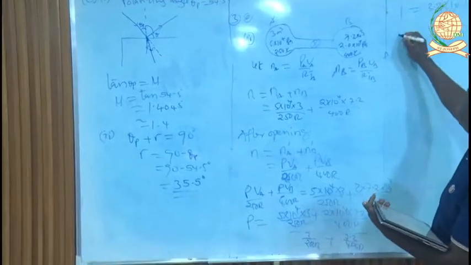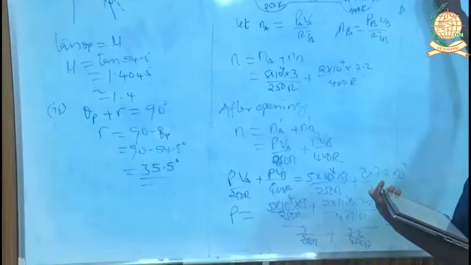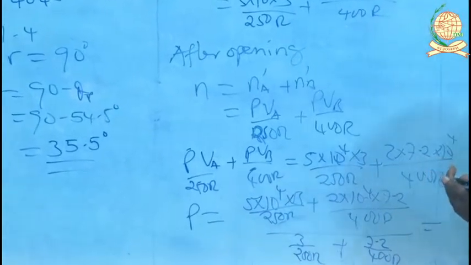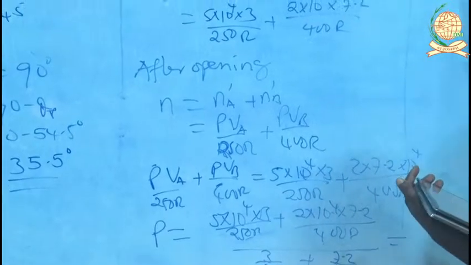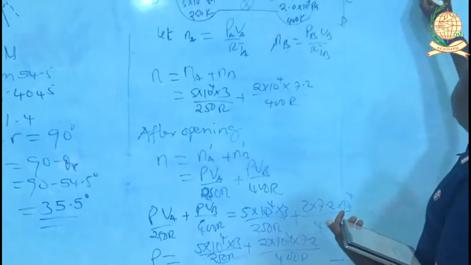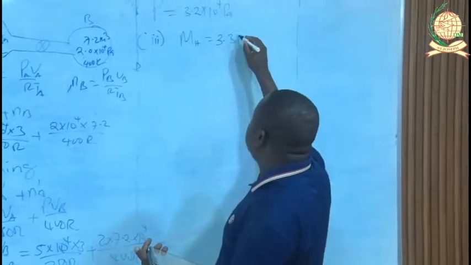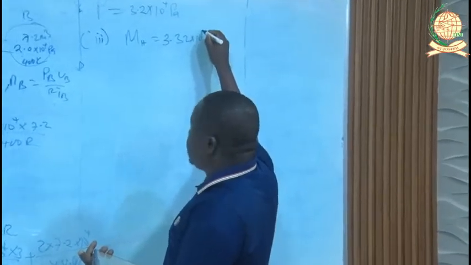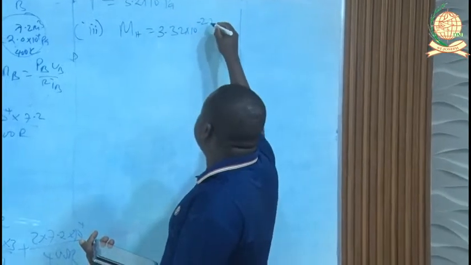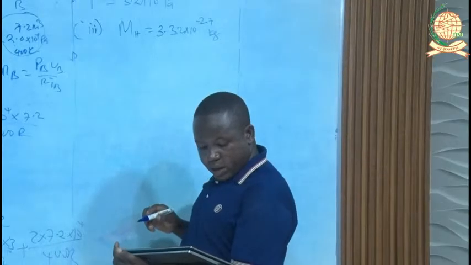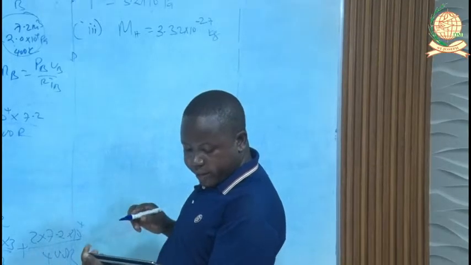Roman 3. The mass of a hydrogen atom is 3.2 times 10 exponent negative 27 kilogram.